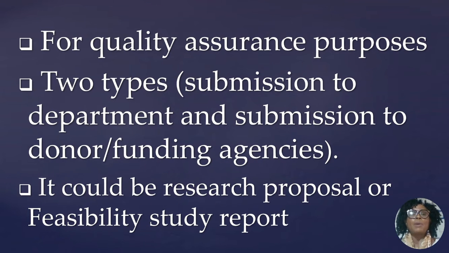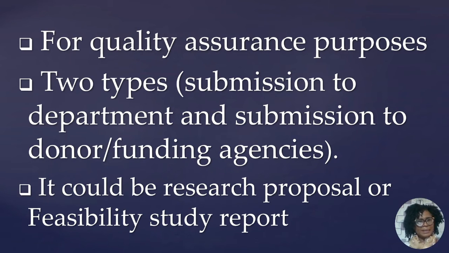For quality assurance purposes, we have two types of proposals: the one you submit to the department, and the submission to a donor or funding agency. Some research proposals are purely academic, the ones you do in universities and tertiary institutions, like when you are writing a research project as an undergraduate student, a thesis as a master's student, or a dissertation as a PhD student. Others are for attracting funds to carry out the research from a donor funding agency.